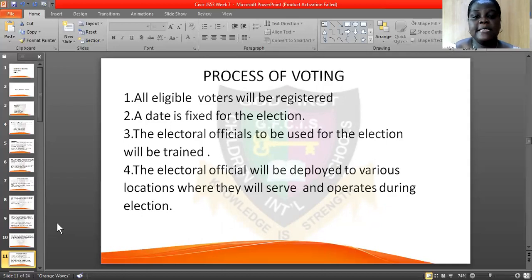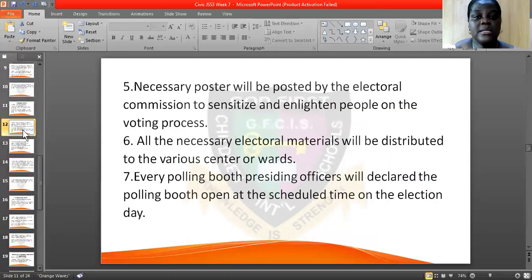Not only that, all these electoral officials will be deployed to various locations where they are going to work and conduct the election as it is expected to be. Then, necessary posters will be posted all around so that people can be enlightened and sensitized on the process of voting.